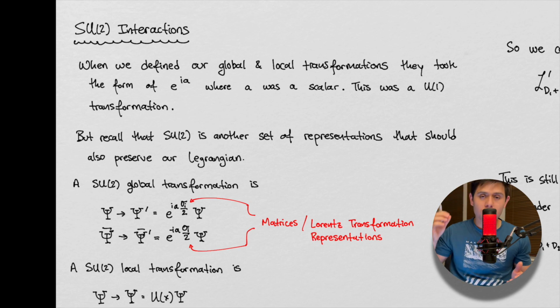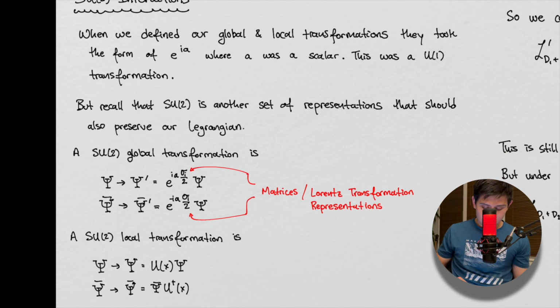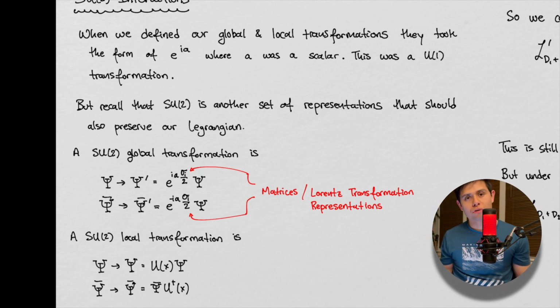Here, A was a scalar. This was what we call the U1 transformation, because recall U1 transformations take this form. They're simply exponentials of complex numbers. Recall that SU2 is another set of representations that could also preserve the Lagrangian. Earlier we talked about SU2 preserving the Minkowski metric. They formed the Lie algebra.